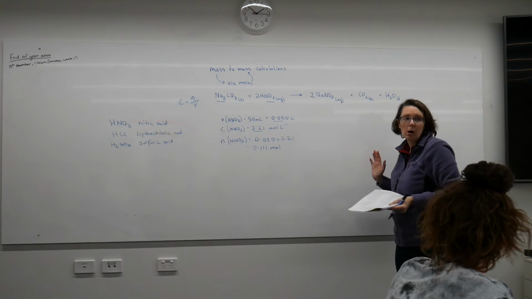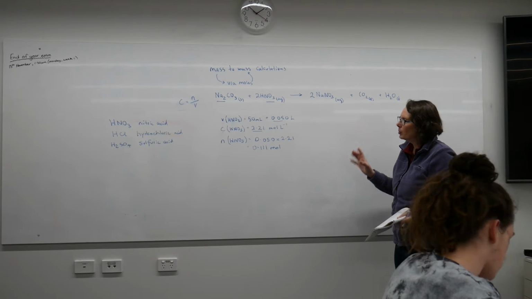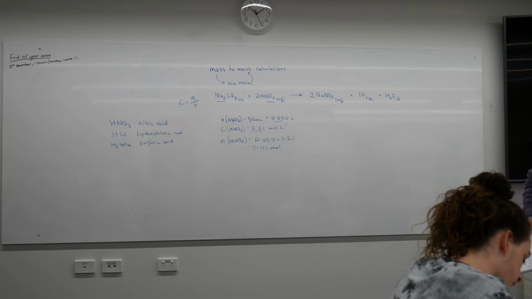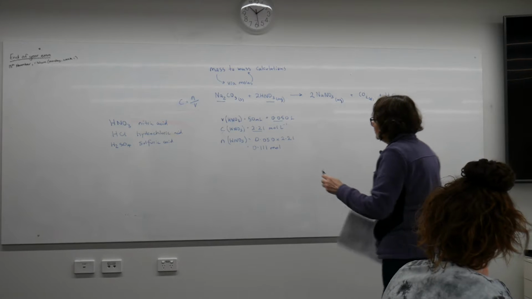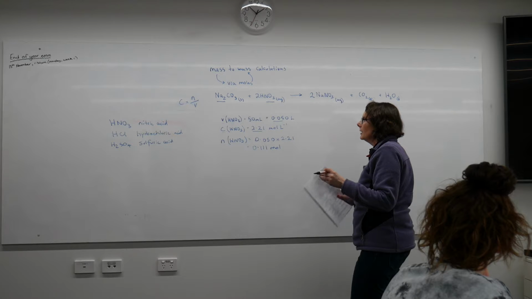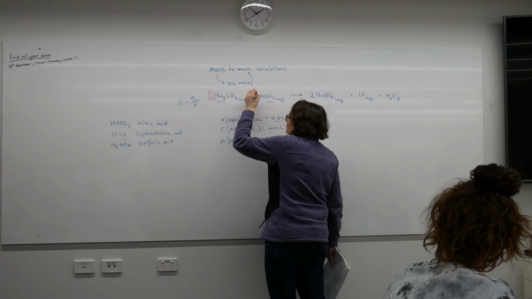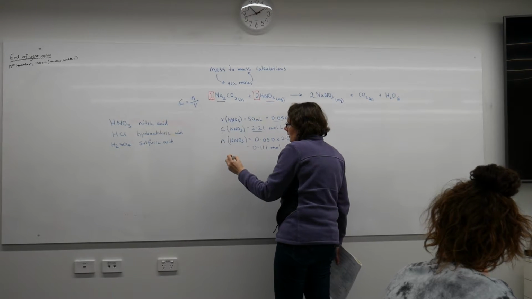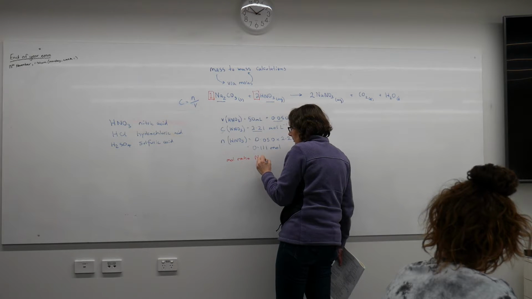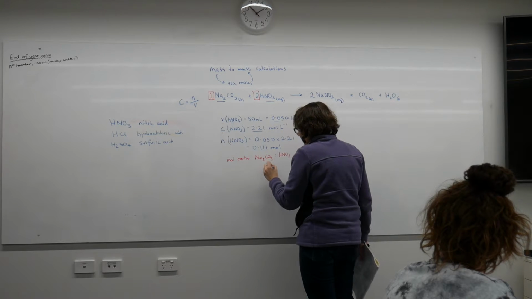Now that tells us how many moles we used of the nitric acid. At this point, we now look at the mole ratio from the balanced chemical equation. And we were asked to determine how many moles of sodium carbonate are needed. So we haven't written the 1 because we're lazy, but there is a 1 there. So our mole ratio of the sodium carbonate to the nitric acid is 1 to 2.